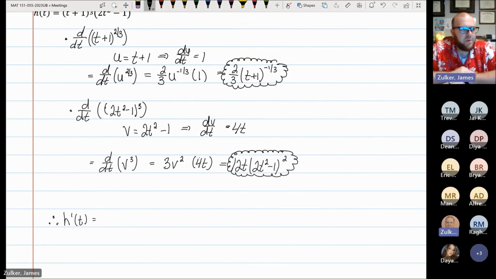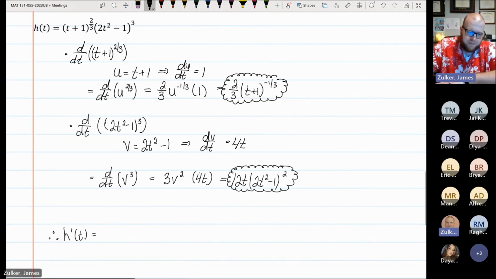Right, and then it's at this point literally just copy and pasting, right? So h prime of t, product rule. Second function times the derivative of the first function.